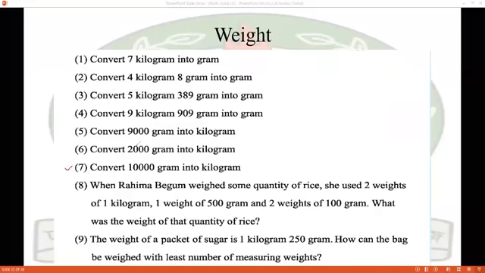Number 7, there is 10,000 gram. 10,000 gram is equal to 10,000 divided by 1,000 kg. You see that the zeros vanish, and we remain with 10. So 10,000 gram is equal to 10 kg.